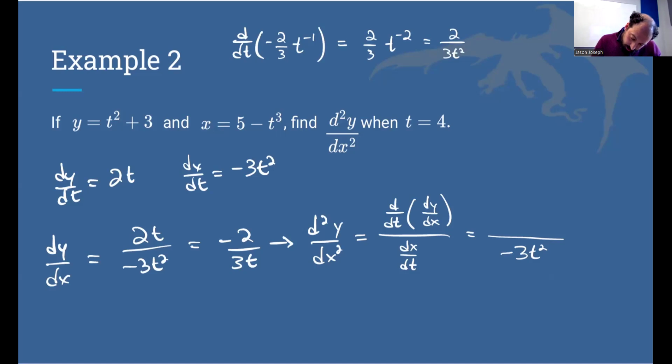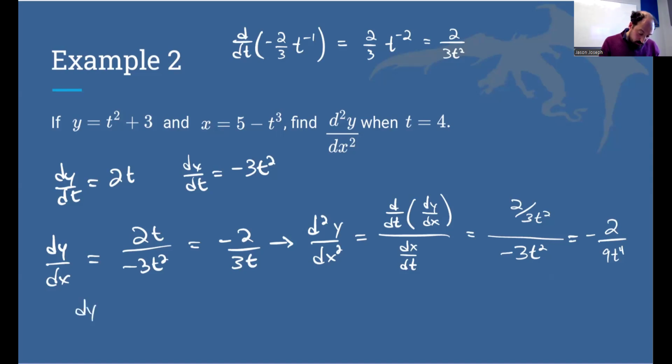Okay, so coming to the end, we've got 2 over 3t squared over negative 3t squared. So in total, that's negative 2 over 9t to the fourth. So that's the second derivative for any value of t.